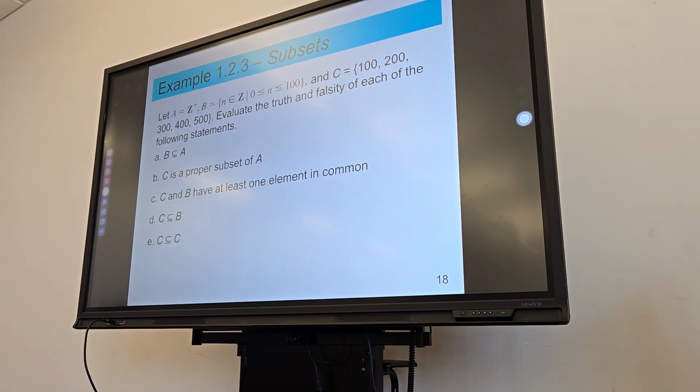So, some examples. A is positive integers. B is integers between and including 0 and 100. And C is 100, 200, 300, 400, 500.